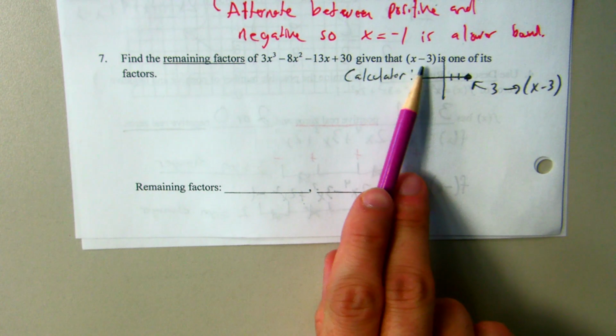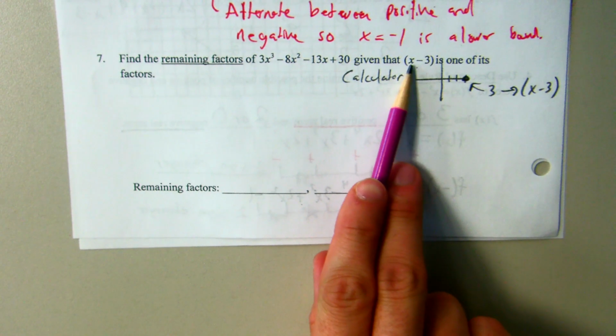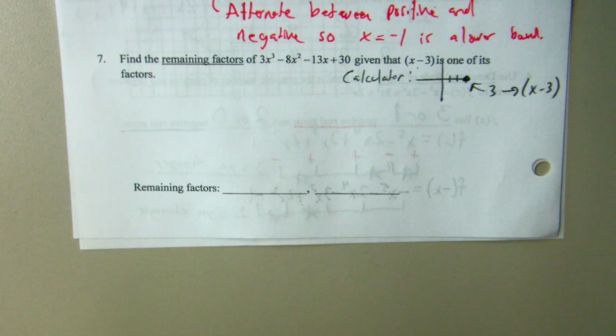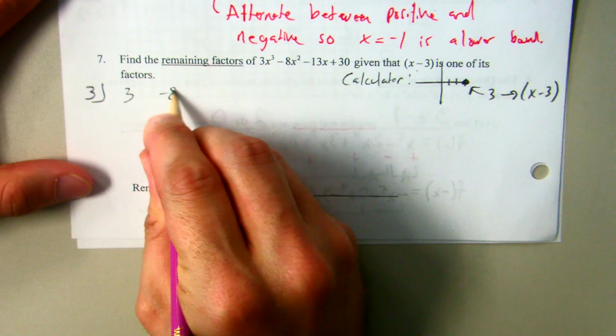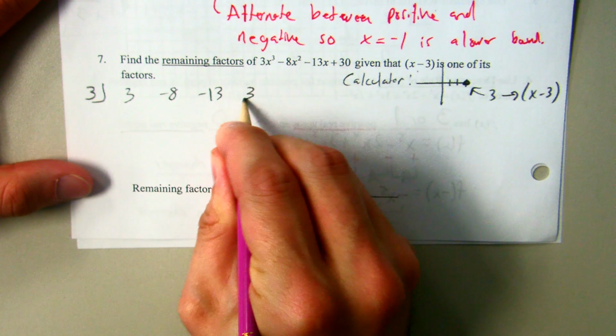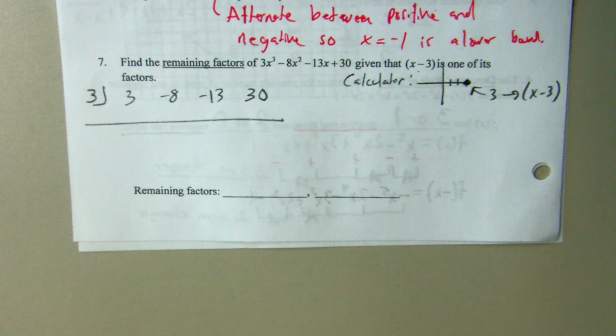But if this is a 0, you should be able to divide this out evenly. So if you want to do long division, you can, but based on how it's set up, most of us would prefer synthetic division.